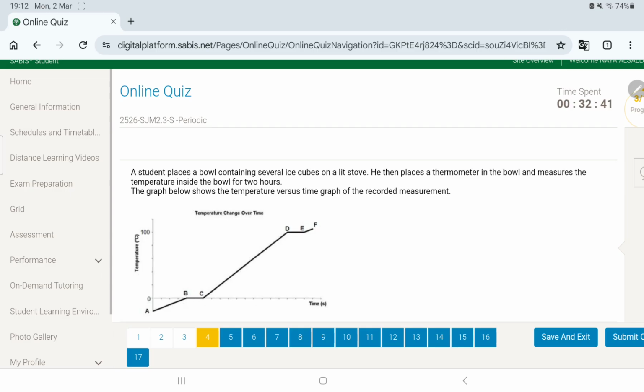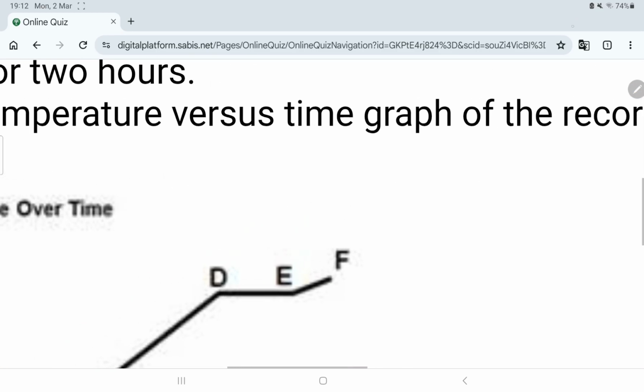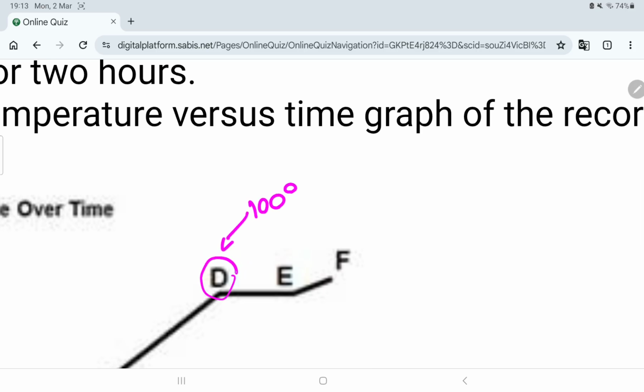Now, guys, why? Here, let me zoom in first. Here, you have D, which is 100 degrees. At 100 degrees, it's first a liquid, and then it turns into a gas. And then remember when I said that E is water vapor, it stopped boiling.